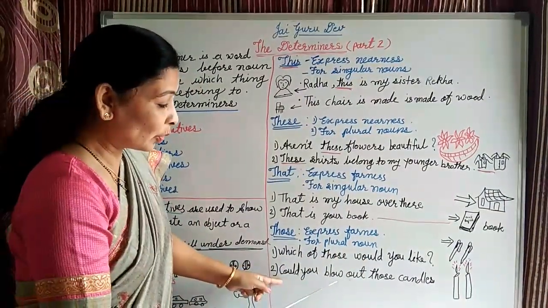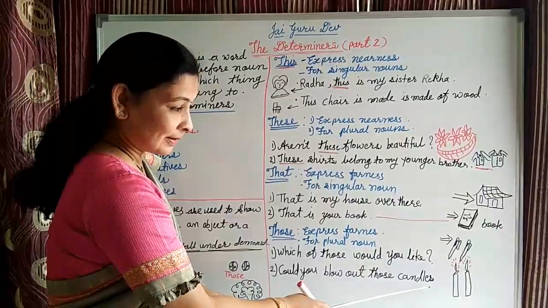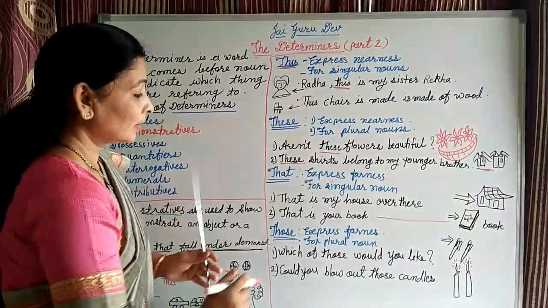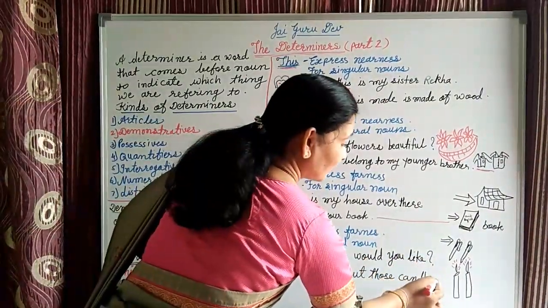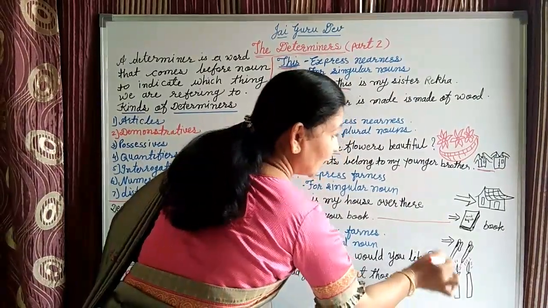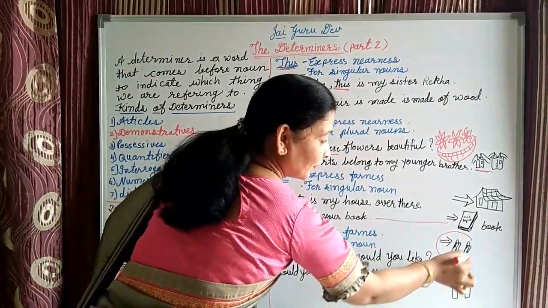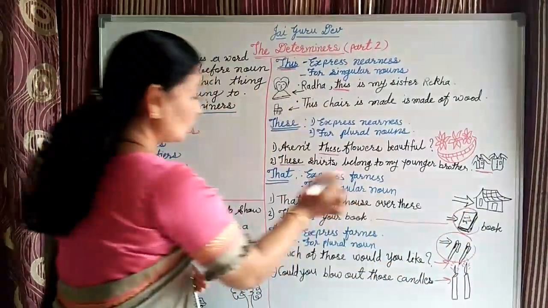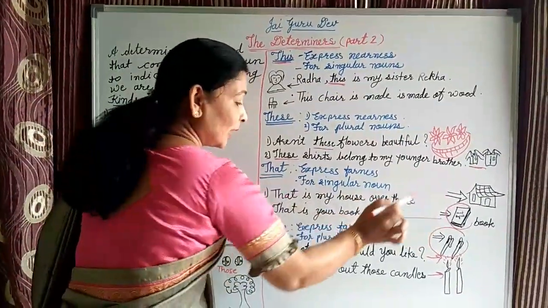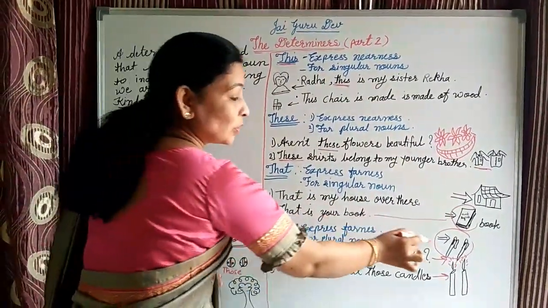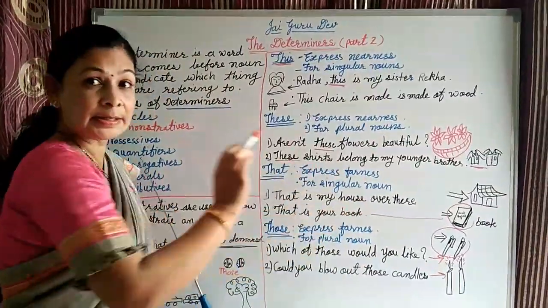Would you blow out those candles? Those are also far away from me, but the thing is plural. Here it is singular. So that is used for singular and those for plural, but both show farness.